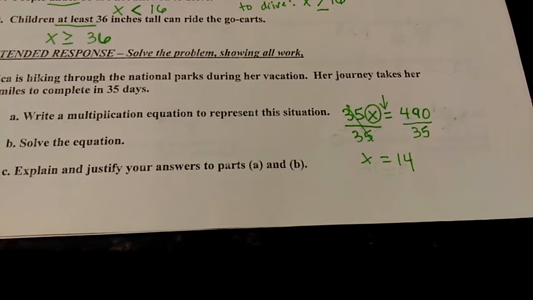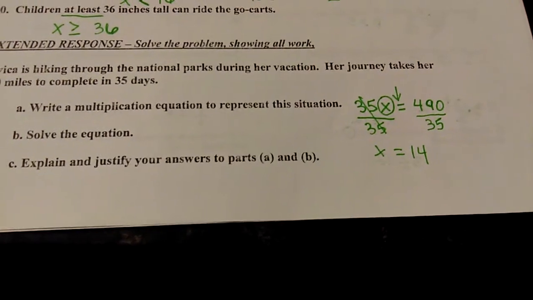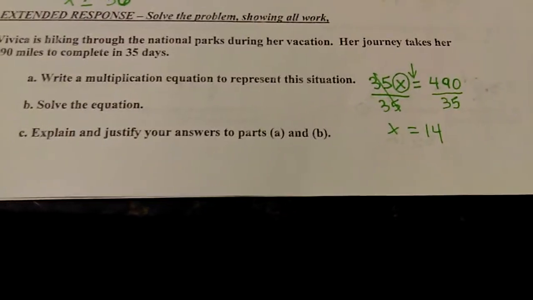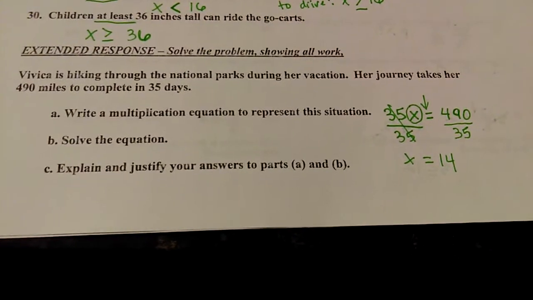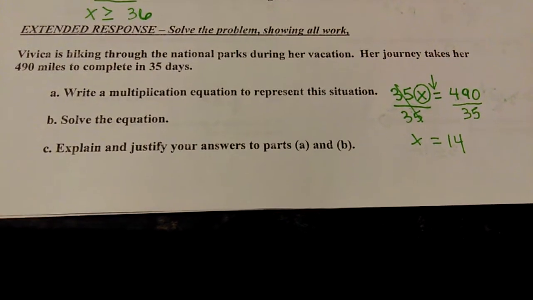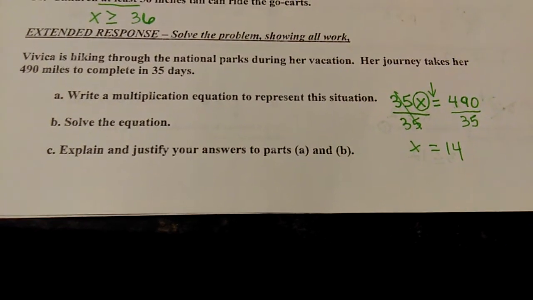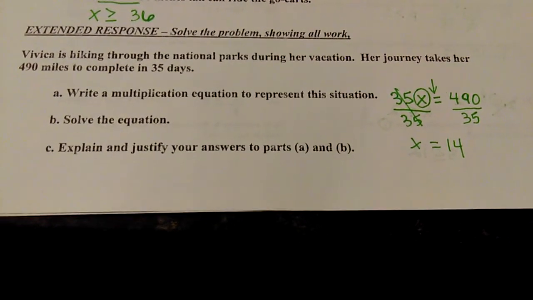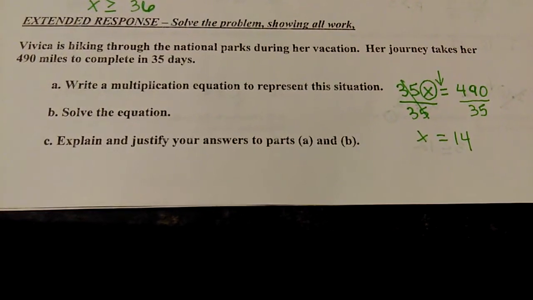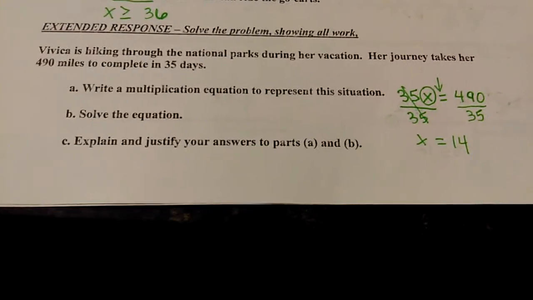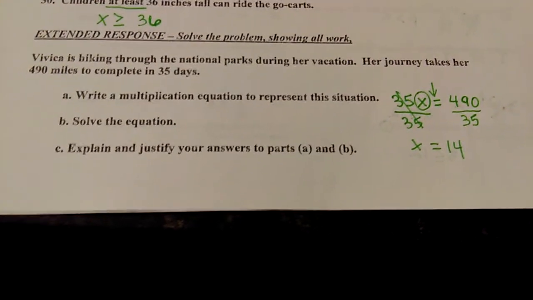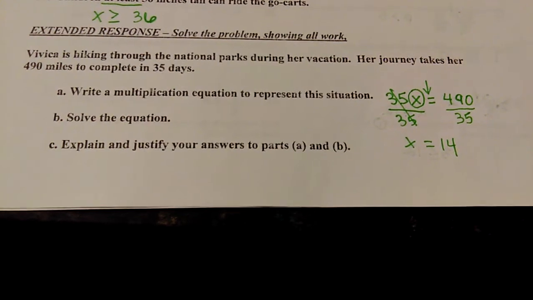Then we solved that equation for x, and we see that x equals 14. And then this is explain and justify your answers to part A and B. This is where you get to explain your reasoning for how you got to 35x equals 490, and I have already explained that. And for B, you get to explain how you used your strategies to solve.